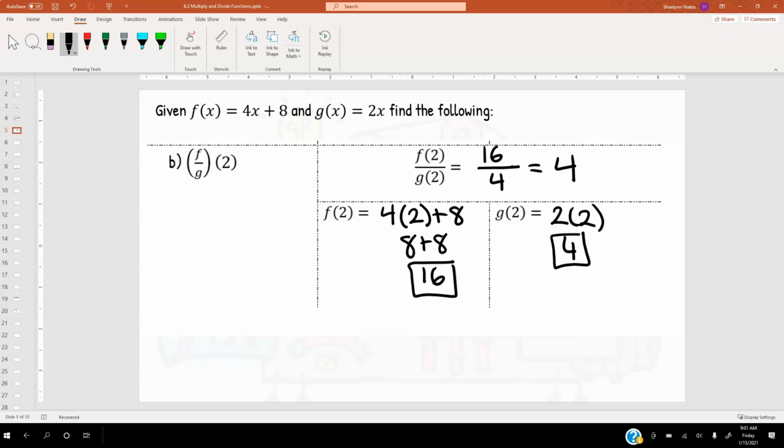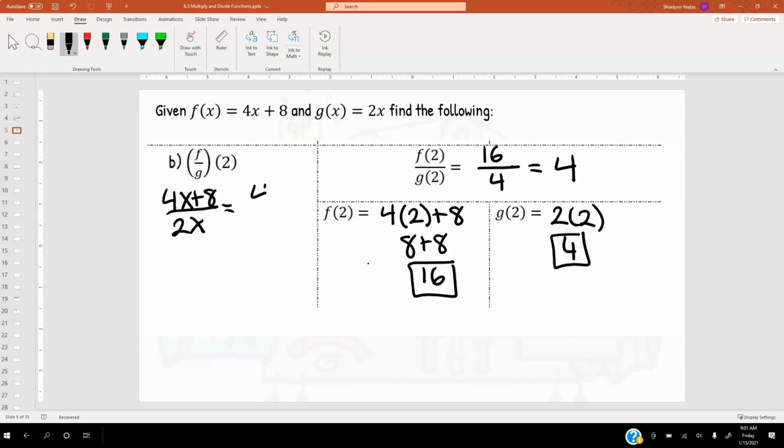We can also do f divided by g of 2. So let's find f divided by g first. So f over g is 4x plus 8 over 2x. From here I can just plug in, because there's not really any simplifying that can happen. There's a plus sign in the middle, so I can't just divide the 4x into 2x.